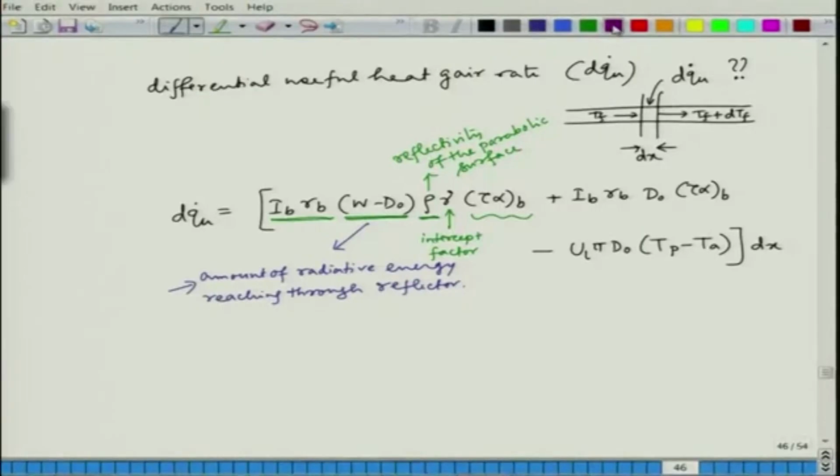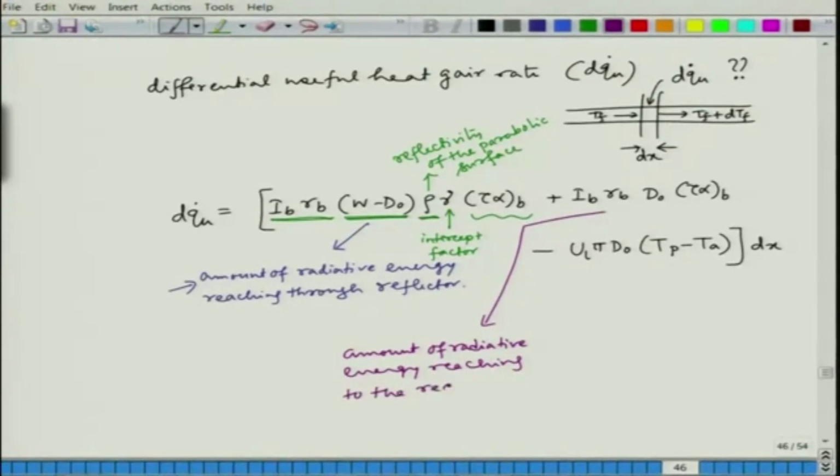Now, what is the second term? The second term is nothing but the amount of radiative energy reaching the receiver directly.